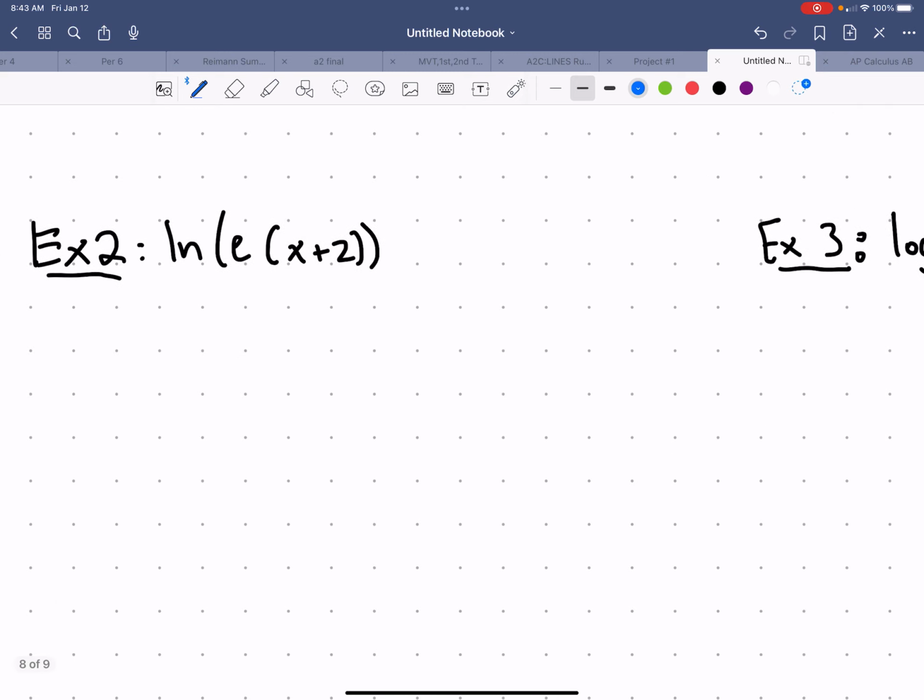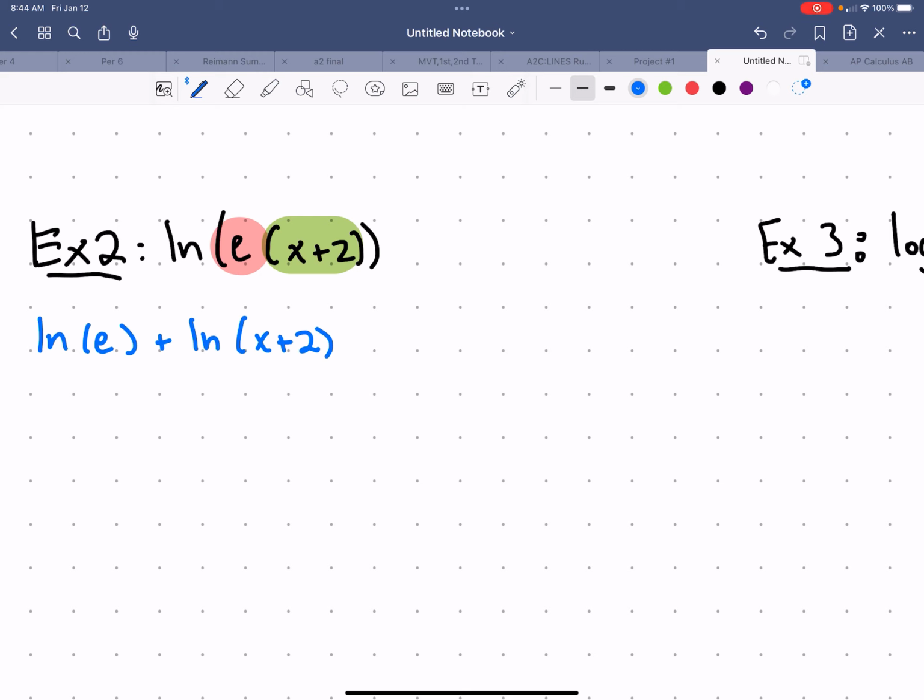All right. Now you see here, we have ln of e times x plus 2. So since we're multiplying, that means we got to use the expansion rule for product. So you're gonna rewrite this as addition of ln of e plus ln of x plus 2.